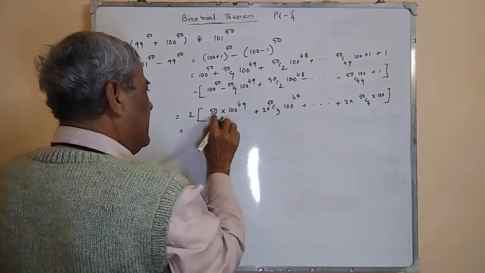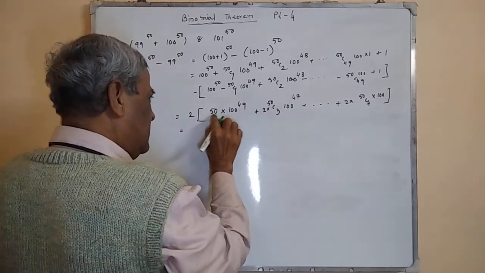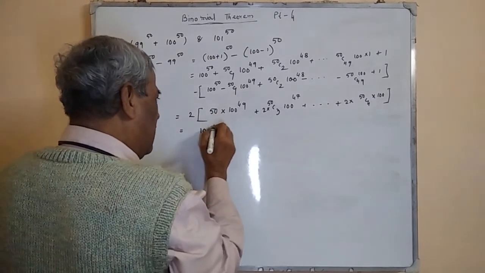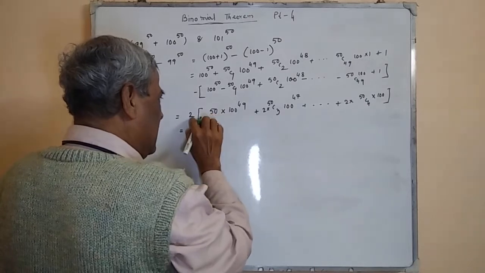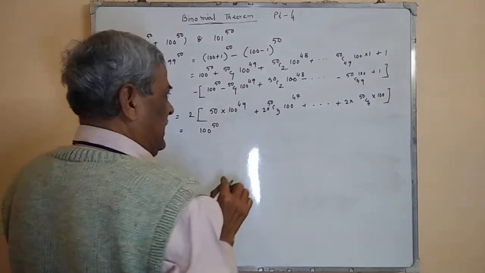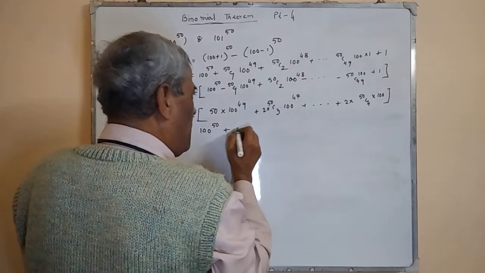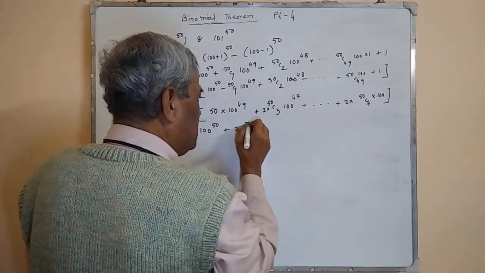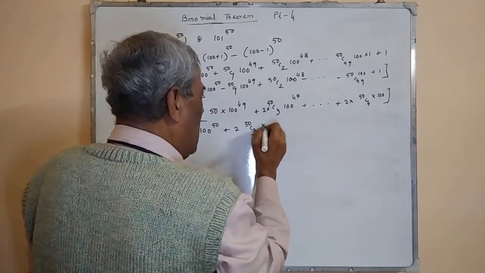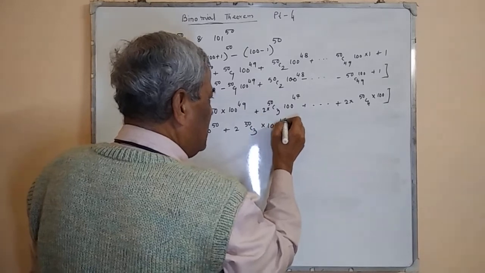Now it is clearly this one is 100, so 100 to the power 50. That together is 100 to the power 50. This is equal to 2 into 50C3 into 100 to the power 47.